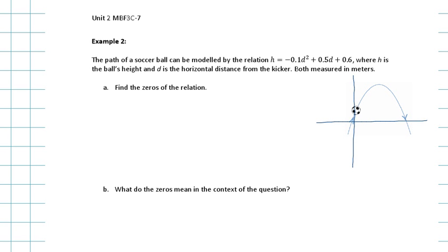Because remember, this is y, and this is x, right? So instead of y, I'm going to replace it with h, and instead of x, I'm going to replace it with a d. Okay? So h is your height, and d is the distance from the kicker.